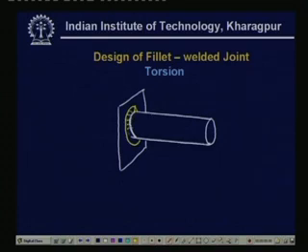So, here is the weld and torque is applied here. We want to design this welded joint. So, what will be the dimensions of this weld, this particular portion?